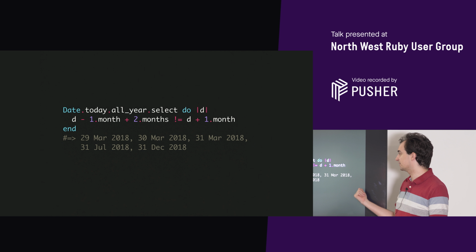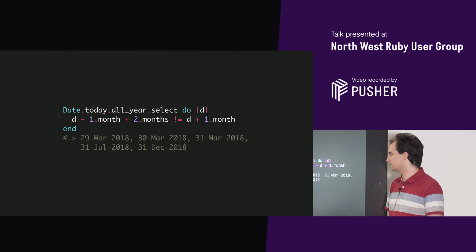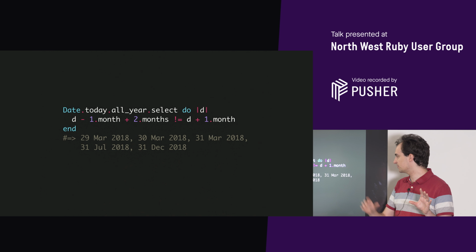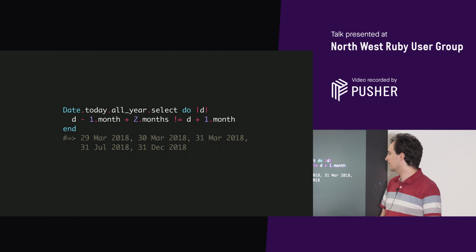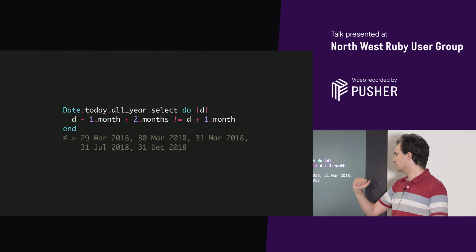So in fact you can find all of these dates. You can use the beginning_of_year to end_of_year method, the all_year method, that gives you a range that goes from 1st of January to the 31st of December. And we can loop over all of those dates and choose the ones where if we go back a month and go forward 2 months, we don't get the same date as going forward a month.